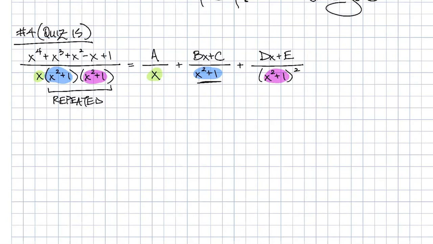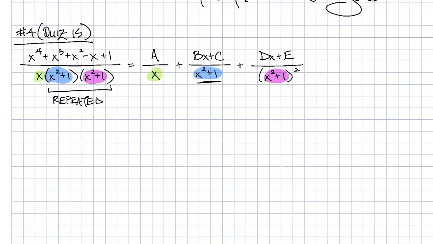Whatever the degree of the bottom is, the degree of the top will be 1 less than that. And that's represented by the bx, right? Yeah. It's okay. We're writing mx plus b, but we just need to use different letters because it could represent different numbers. Oh, okay. Thank you. So it's always either linear or quadratic? Yeah, for our cases, yes.